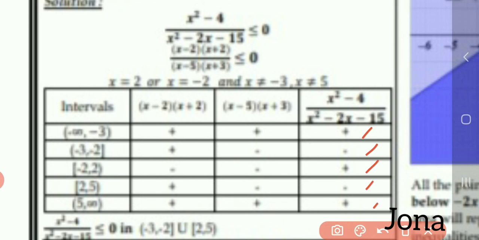Here it is less than or equal to 0, so I want the ones with negative values. Here I got the intervals minus 3 comma minus 2 and 2 comma 5. For these two intervals I got the negative symbol, so the solution lies in these intervals. Okay.